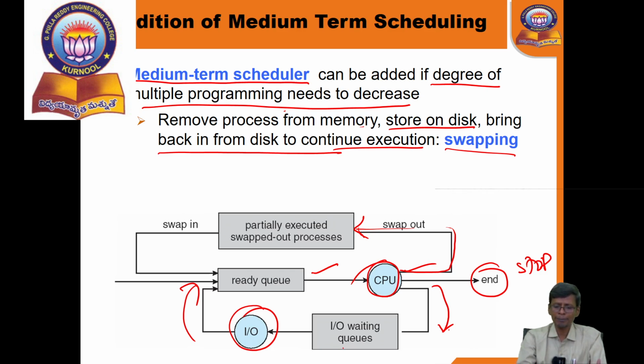After removing the process from the main memory, it will be placed in the backing store, like on the disk. And after that, whenever the process is ready to execute, the same process will be swapped in. Swapped in means from backing store to memory. Then it is ready to execute again. Like that, the medium term scheduler can be useful.